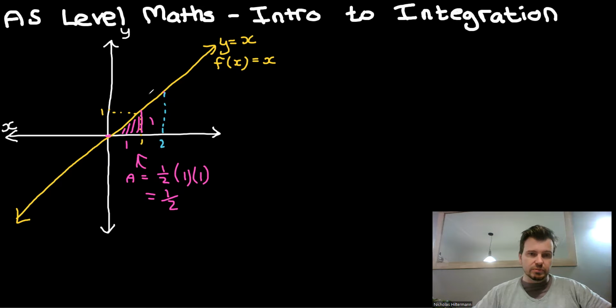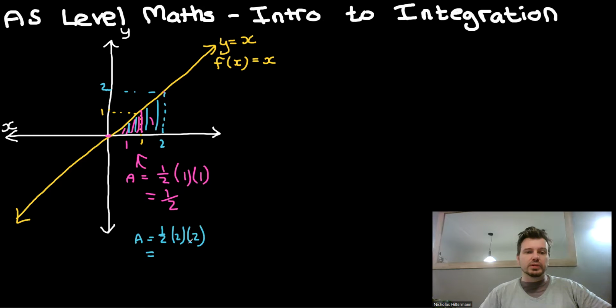So for 2, it will be 2 and 2. Then the area would be equal to a half, and then the base would be 2, and then the height would be 2. And so we would get a half times 2 times 2, which is 2. And we should say units squared here, because it's an area.